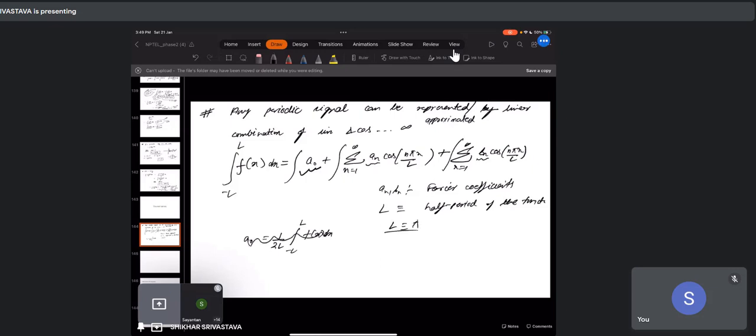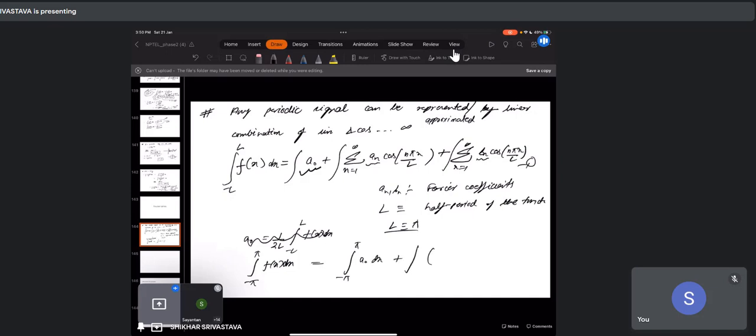Suppose your L is pi, so your above equation becomes what? You integrate this equation 1 from minus pi to pi: a naught integrated from minus pi to pi dx.